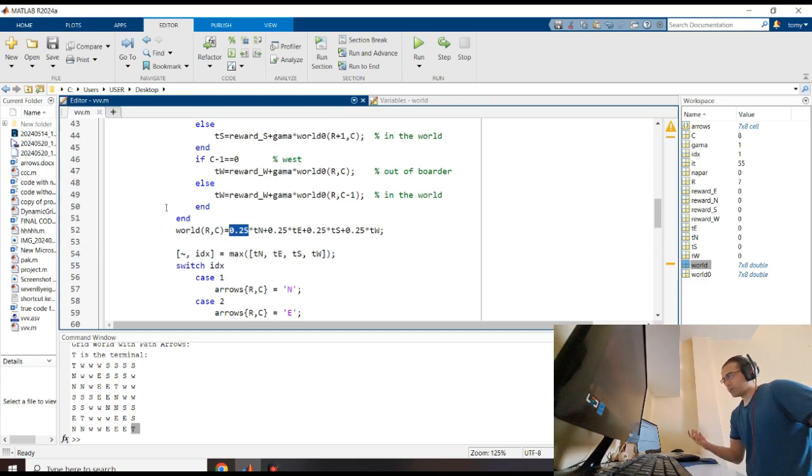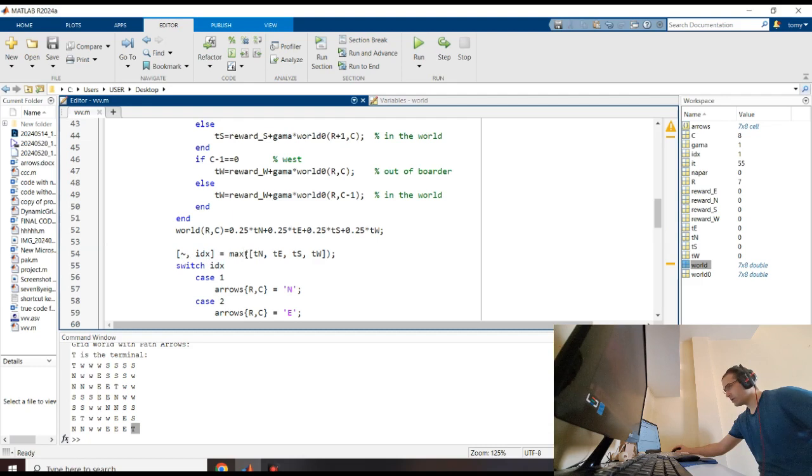The policy, the probability of going to the north, the west, the east, or the south. So the probability to every direction is multiplied by every direction plus 0. So this is showing the value, and this is showing the index.